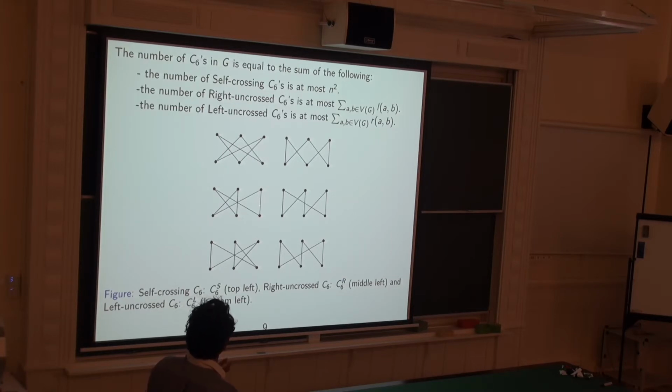So if there are many C6s associated to this pair, they only differ in these paths, in paths of this type. So it is easy to see that the number of this type of C6s is this much, and the number of this type of C6s is this much. I didn't want to go into the details, but this can be checked.